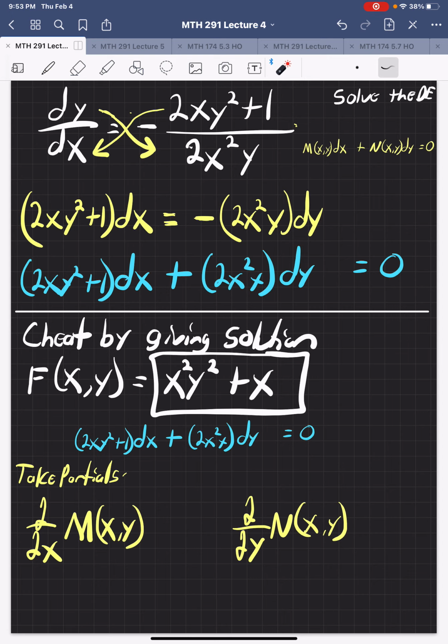If you take the partial of 2xy squared plus 1, treating y as a constant, let's go ahead and take that derivative with respect to x. Wait, let me see here.